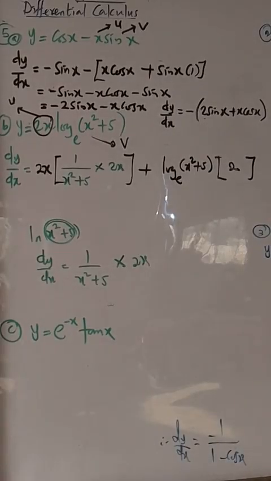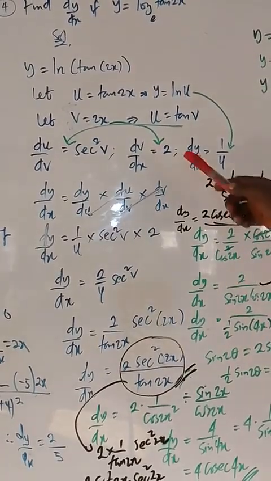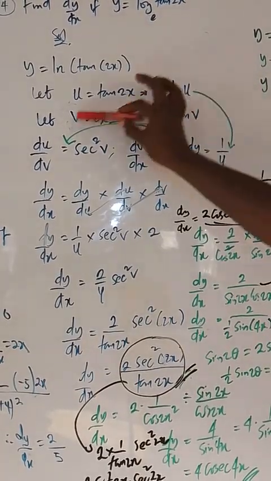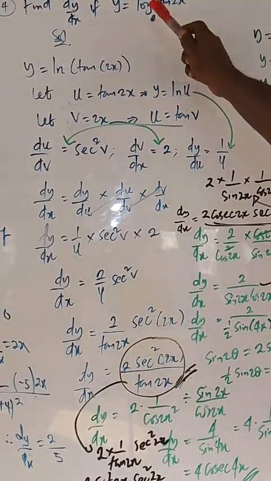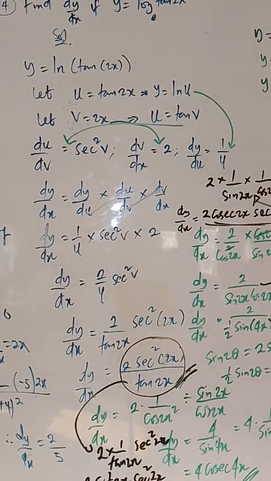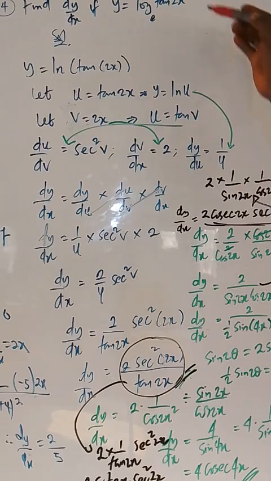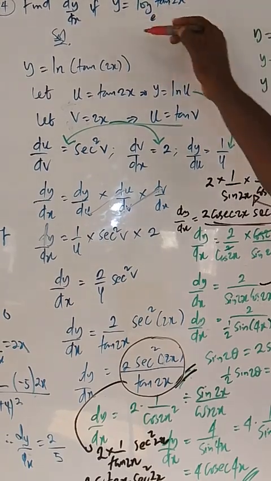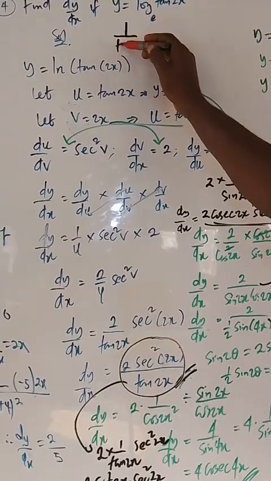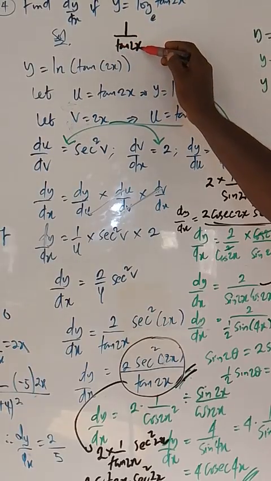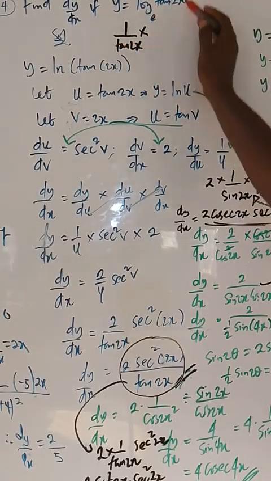Before I continue, let's make reference to question 4 we did. For this question, we can avoid all these steps and jump here directly. How? This is all I will do. Differentiate the whole; since this one is just x, the answer is 1 over it, times 2x, times differentiate the inside.